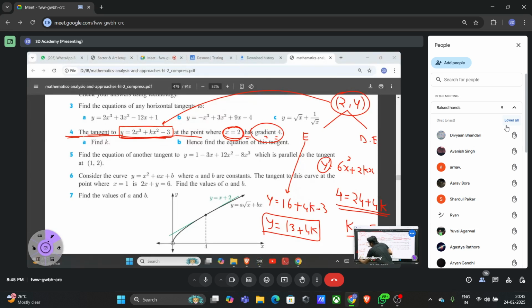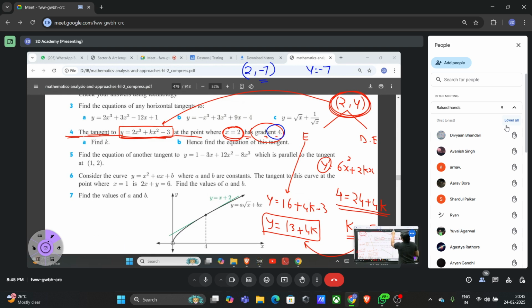Once you get the value of k, you put it in this and you will get the value of y. That is the coordinate at which both the curves are meeting. So if you put minus 5 in that, y comes out to be minus 7. So the tangent is passing through this coordinate and the gradient of the tangent is 4.